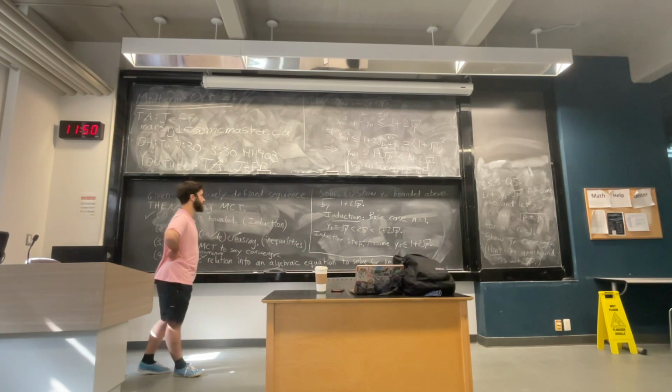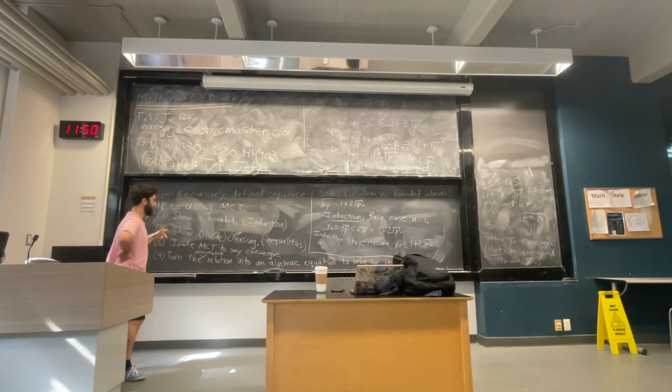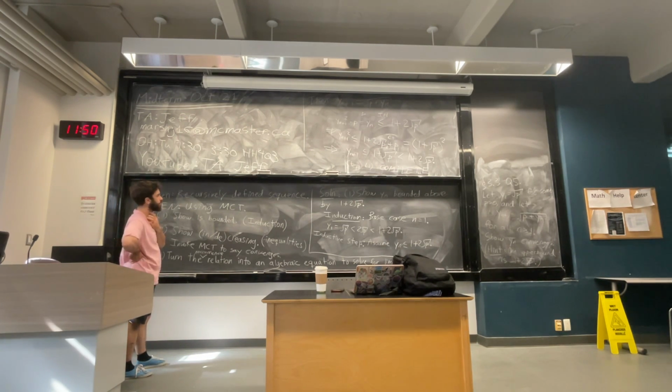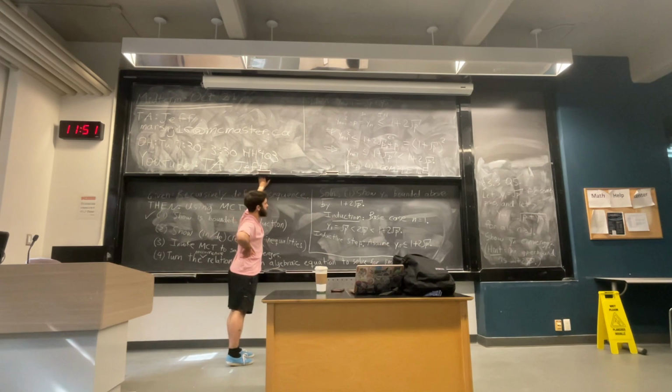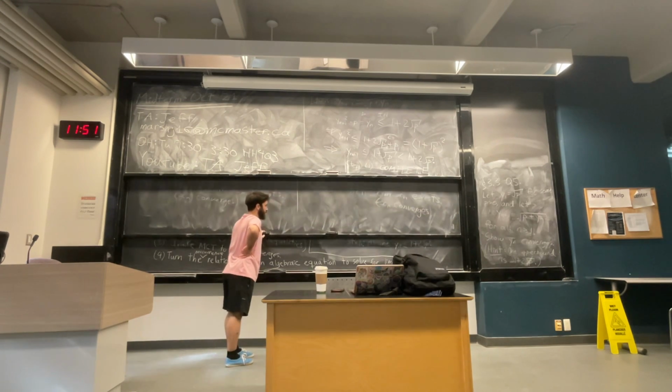Okay, so show that it's increasing or decreasing. This will be a lot easier. Where should I write this? I'm going to try to keep as much of the problem up on the board at once as possible.